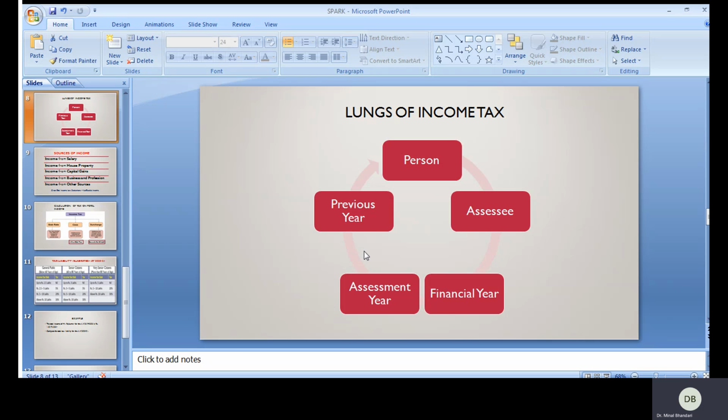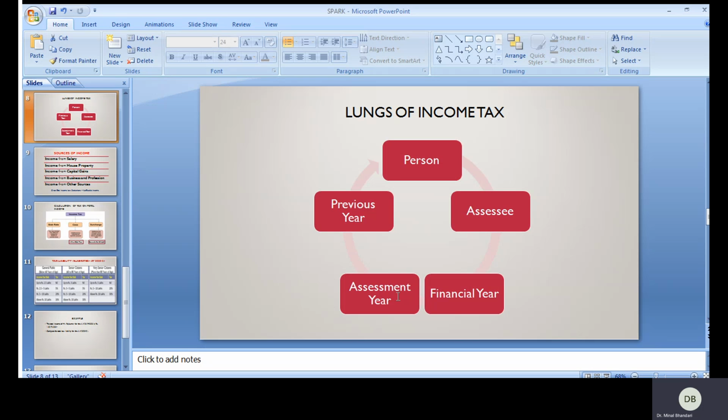Now two terminologies are also mentioned which are very important for income tax calculation, that is assessment year and previous year. So, assessment year. Now we know the financial year is 2020-21. But the assessment year is a period of 12 months commencing on the first day of April every year and ending on 31st March of the subsequent year, which is also called the tax year or government year or fiscal year.